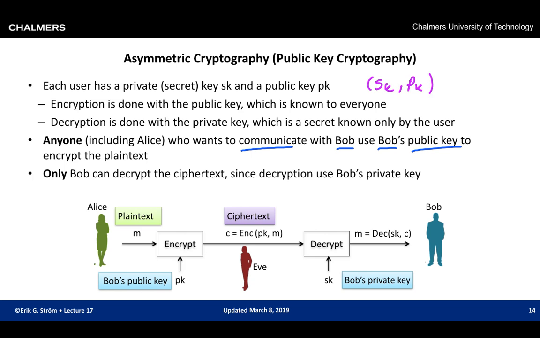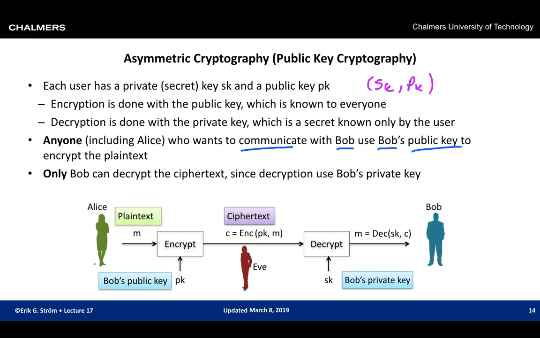For instance, if I would like to communicate with, say, an Amazon server on the internet, the only thing I need to know is Amazon's public key to make my communication with the web server a secret to everyone else. So that simplifies this key distribution problem quite a lot.